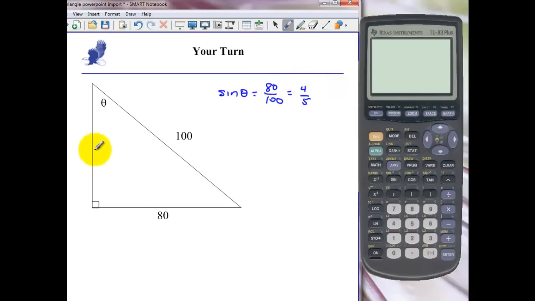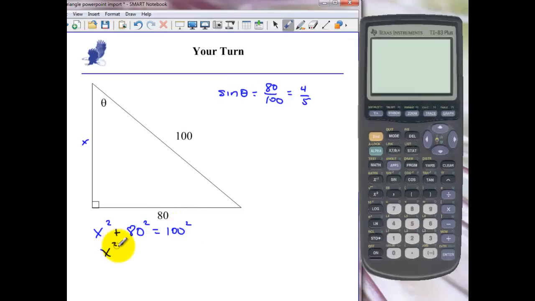Now we need to find this side. You may know the Pythagorean triples and know what this is, but if we call this x, to find that side we would have to use the Pythagorean theorem and solve.